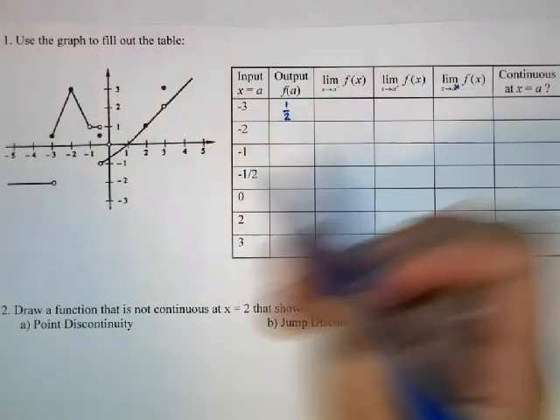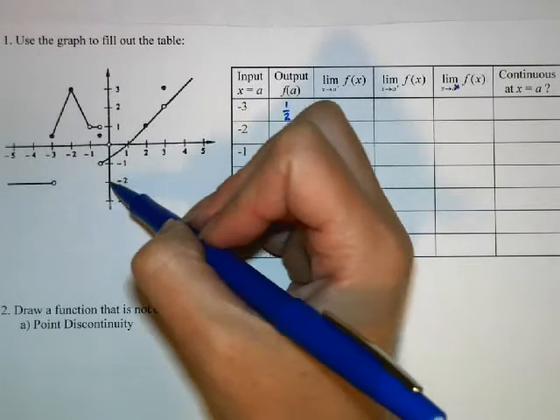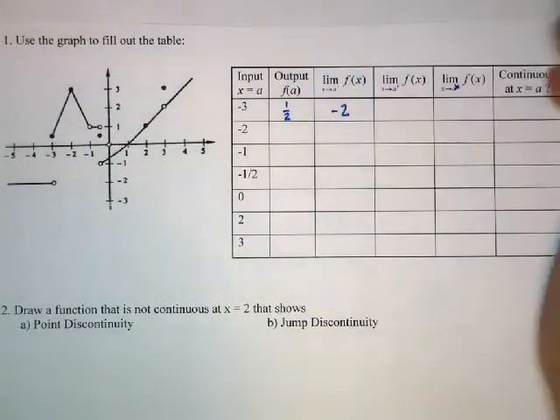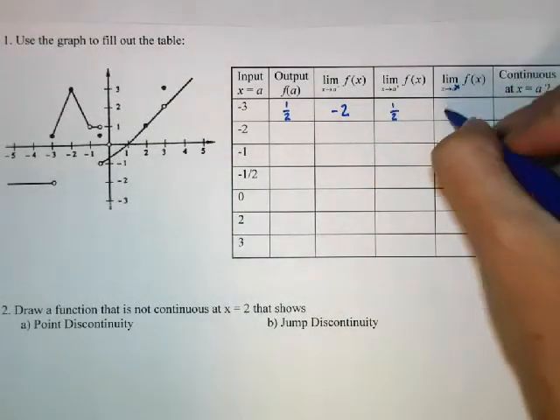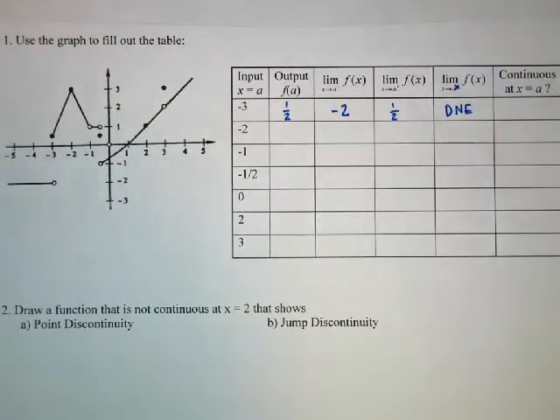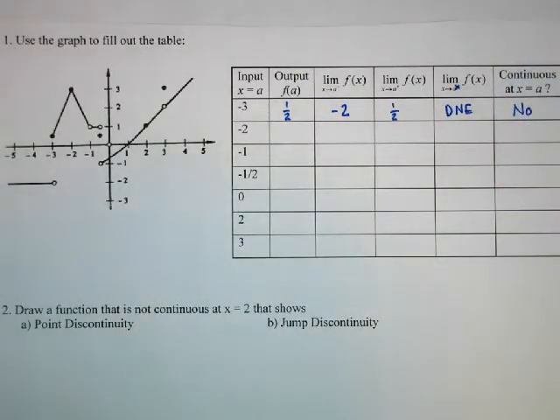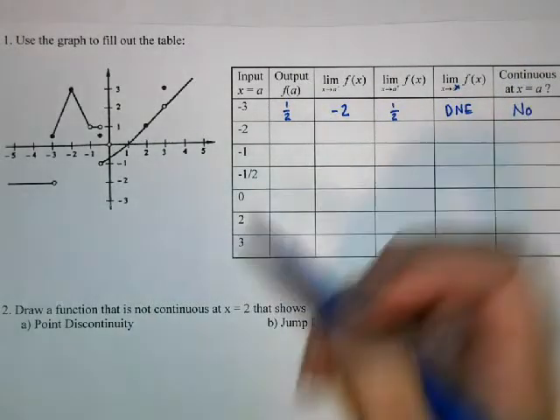The limit from the negative side is -2. The limit from the positive side is 1/2. If the limit from the left and the right are not the same, the limit does not exist, which makes this not continuous because the limit doesn't exist.